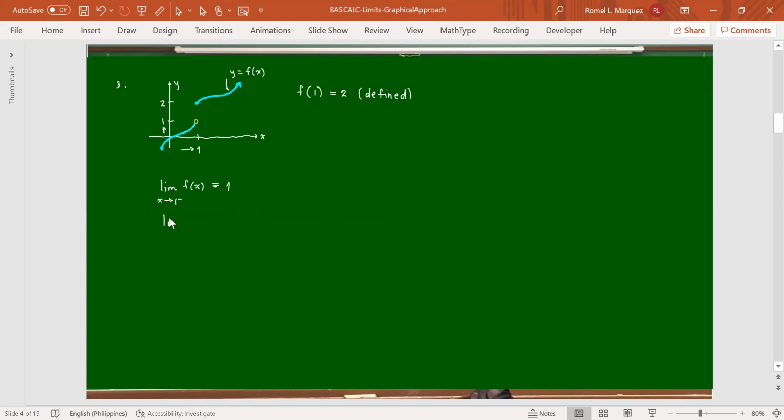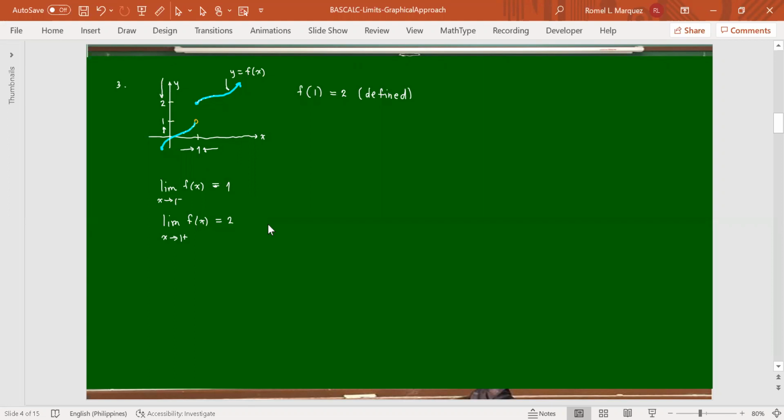Okay? What about the limit of f of x as x approaches 1 from the right? This time I will be getting closer to 1, but traveling along the curve from the right. What number am I approaching, guys? 2. Do they have the same limiting value?